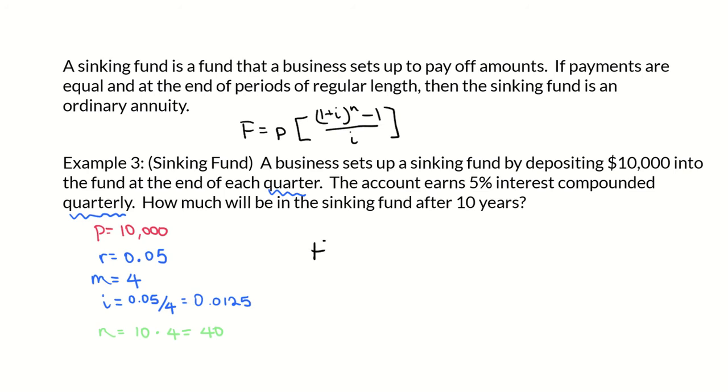So F equals P, which is 10,000, multiplied by 1 plus i, to the n, minus 1 over i.